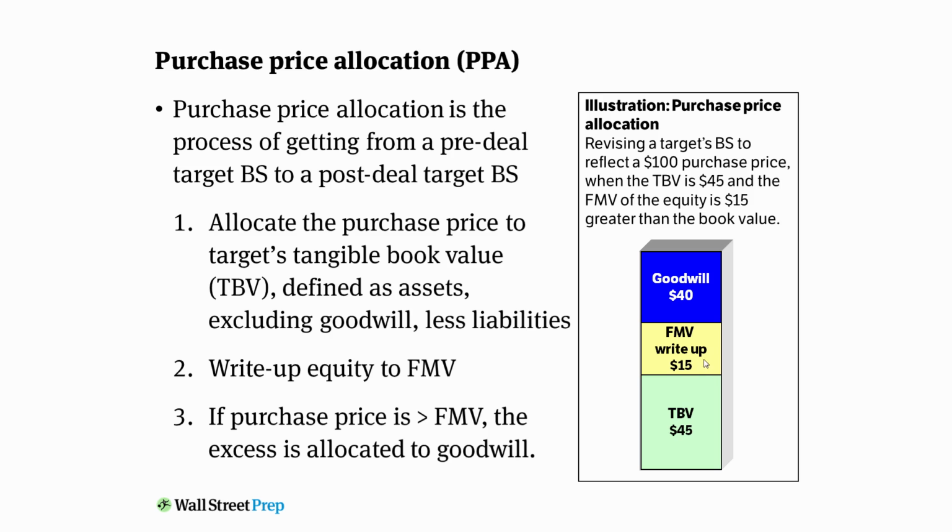So we write up the book value by 15 million to get up to that 60. And now if the acquirer purchases the company for 100, there's an excess of 40. The purchase price is about $40 greater than the fair market value of the equity. And so that's the basic process.